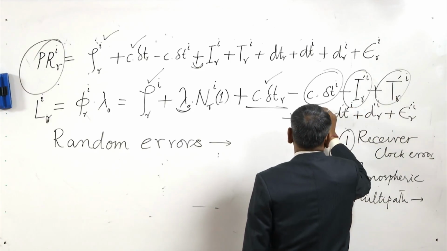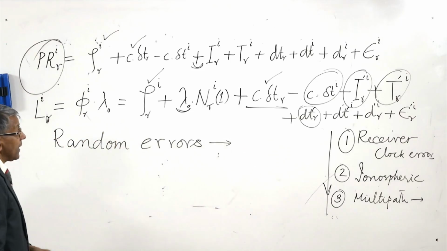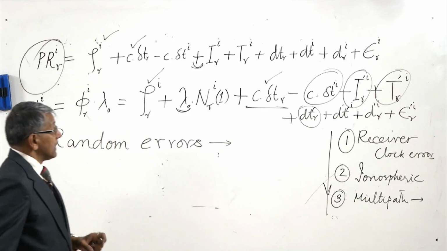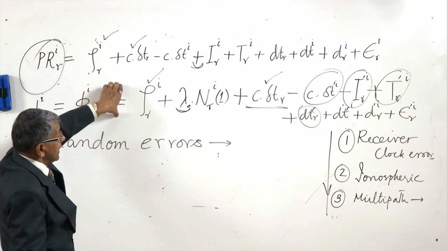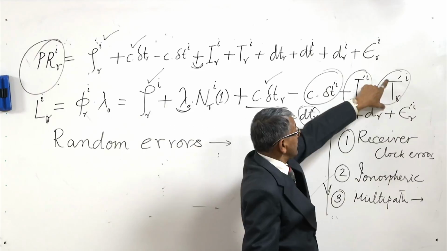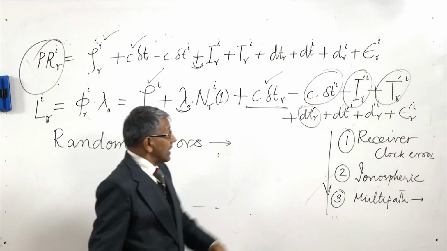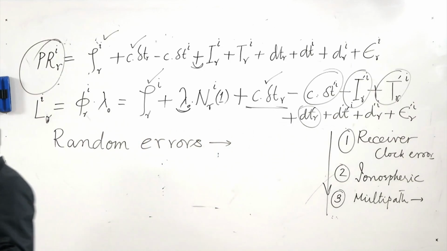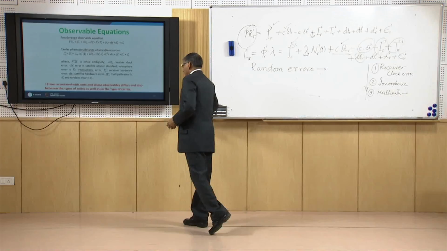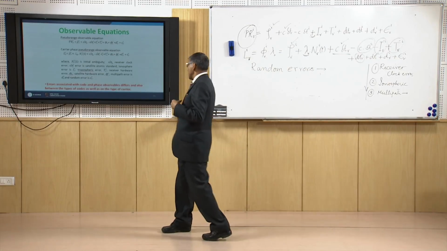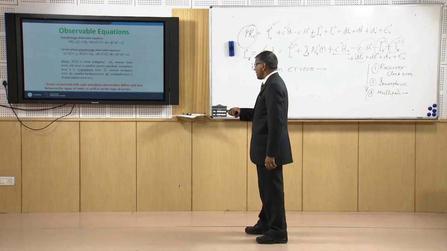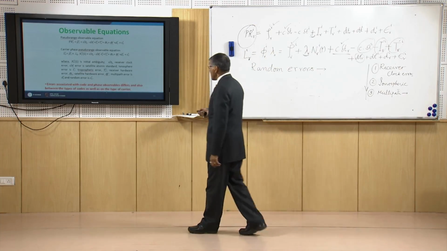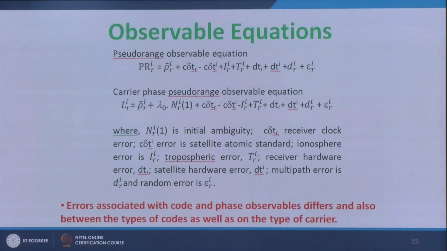The amount of other errors is different for code and carrier. As written here, the errors associated with code and phase also differ, and also between the types of codes as well as the type of carrier.